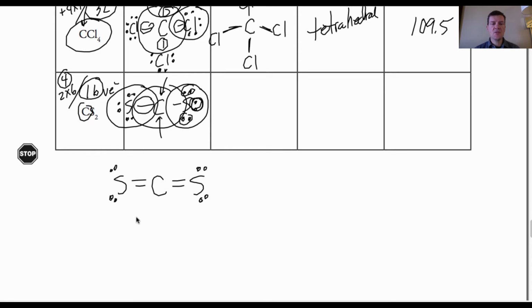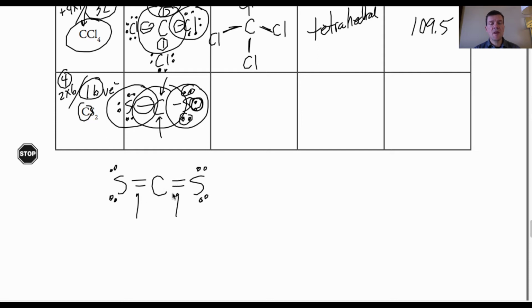So that's how you determine if there are multiple bonds. If the central atom does not have its octet, then these peripheral atoms have to share more, contribute more to the central atom, resulting in multiple bonds. Now, is everybody happy? Yes, sulfur's got 8 around it. Carbon's got 8 because each double bond results in 2 pairs.